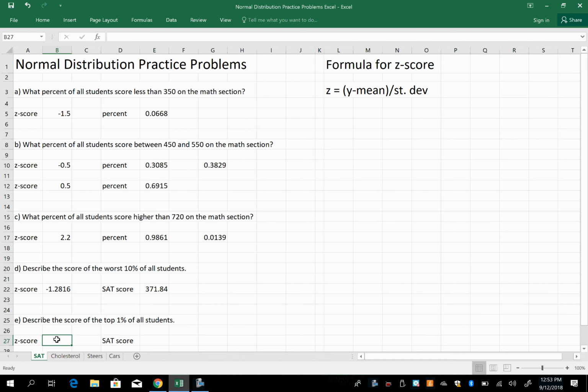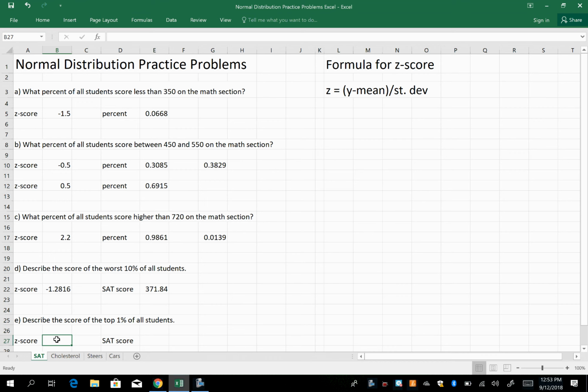Part E. Now, this one is a little tricky. It says the top 1%. Where is that going to be? In the positive, the right side. So somewhere here is my z-score. And which way do I shade for the top 1%? To the right.